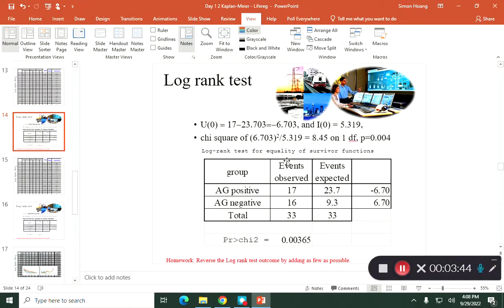Here, I have 17 people, but the event count is 23, so I'm negative 6.7 behind. If I use 23 minus 17, this is a negative 6.7. So the other group should be 16.